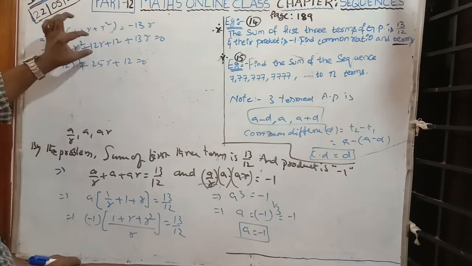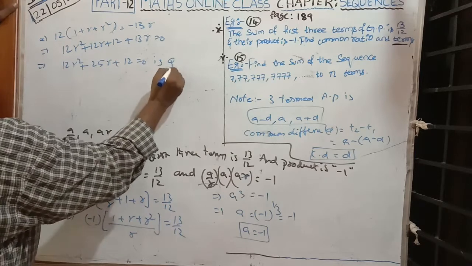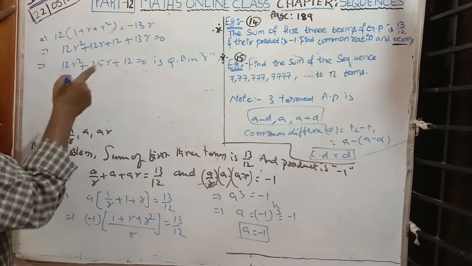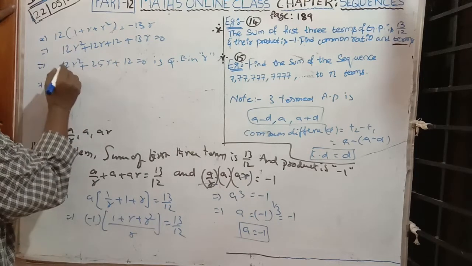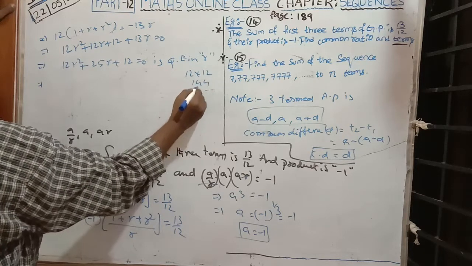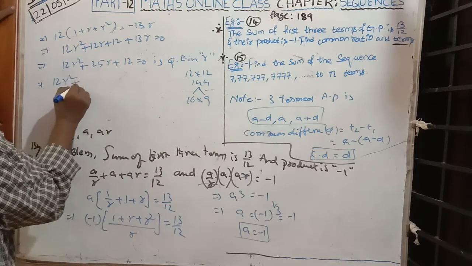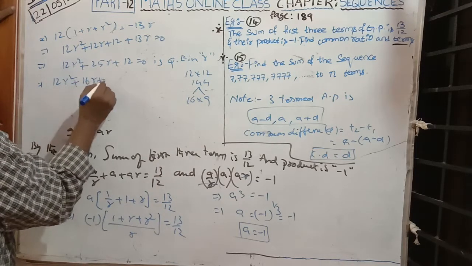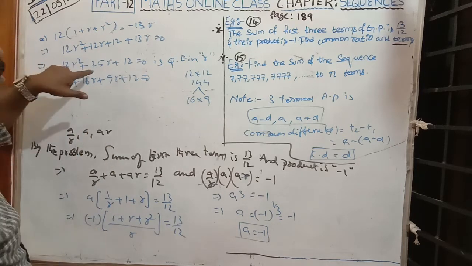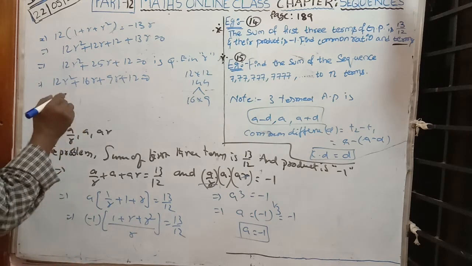It is a quadratic equation of the form aR square plus bR plus c. So 12 into 12 is 144. 144 means 16 and 9 also. So 12R square plus 16R plus 9R plus 12 is equal to 0. You know it well, the quadratic equation can be factorized by this method.